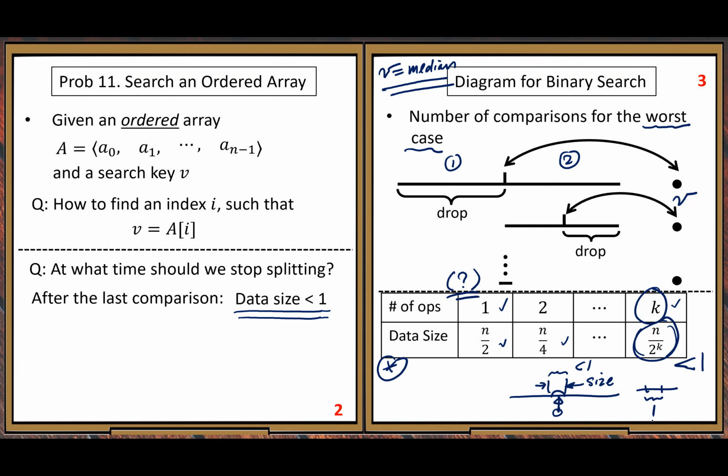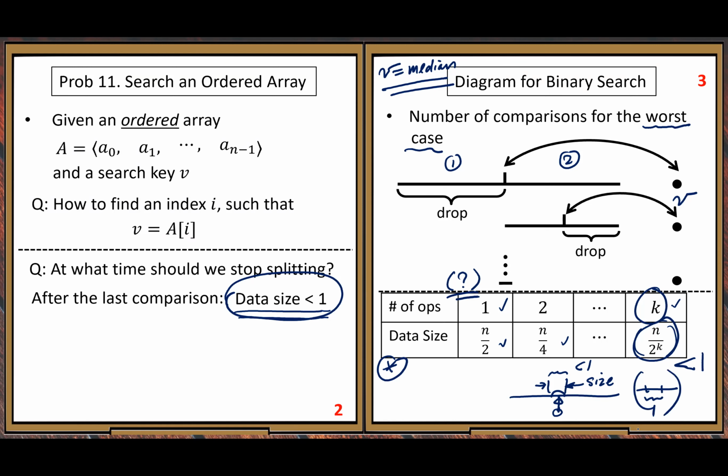If you have only one element, there is no reason to do further splitting. So you have to stop. Here, this condition gives us the stopping criterion. You have to stop if you detect the data size is strictly less than 1. Strictly less than, not equal to.